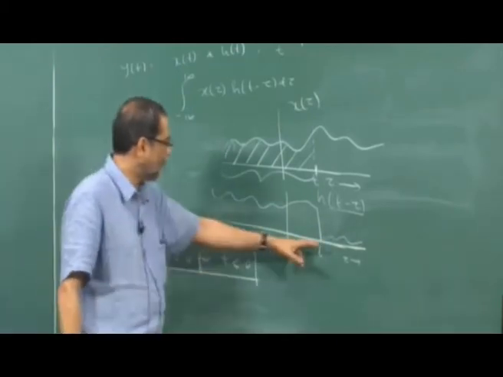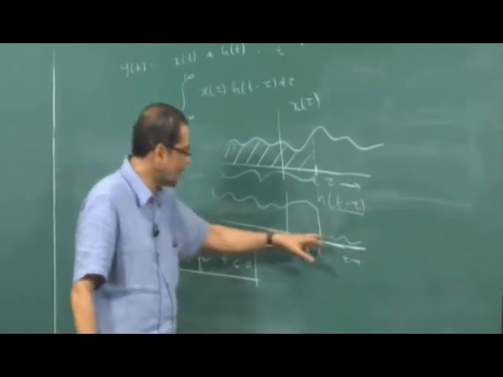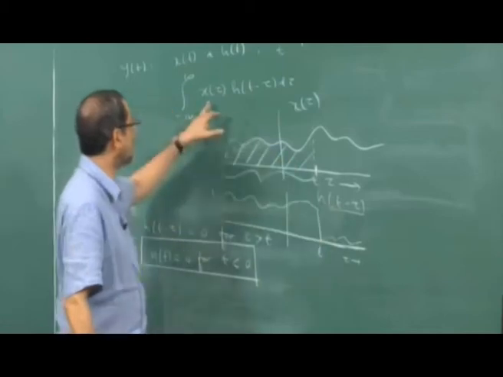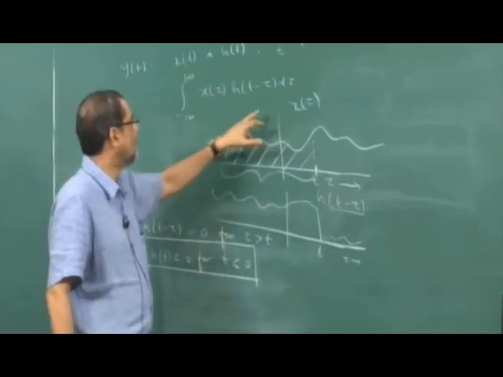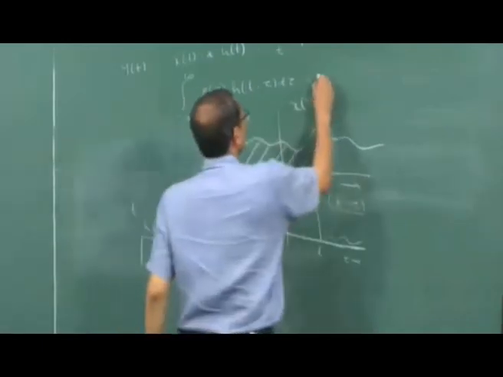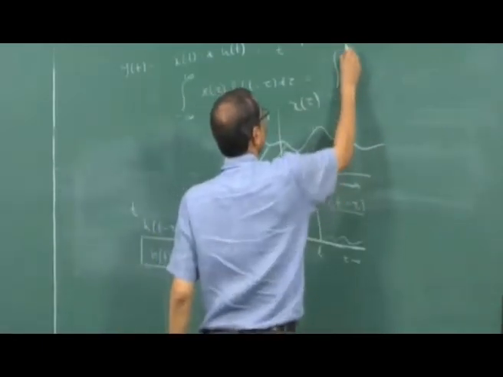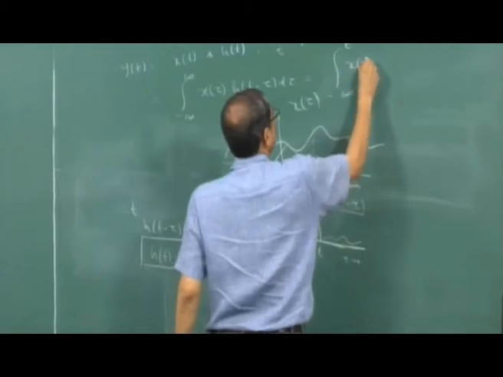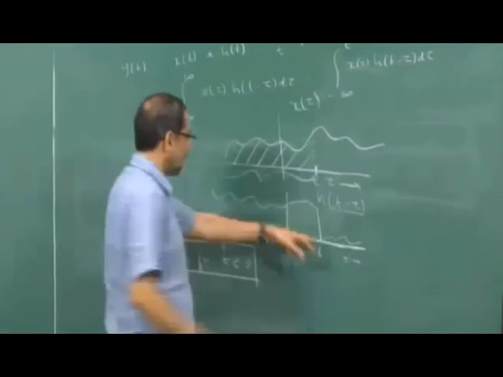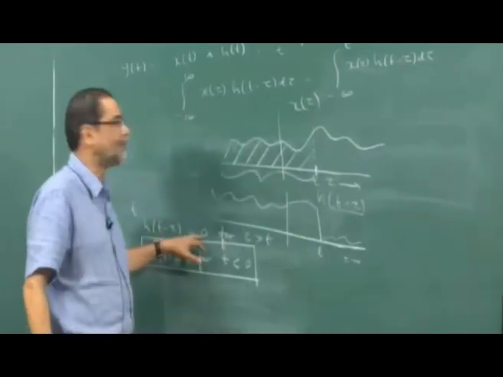Because if you make sure of that, if this part is 0, then because it is 0 for tau greater than t, I will get the integral from minus infinity to t of x of tau h of t minus tau d tau, because beyond that it is equal to 0 by the requirement.